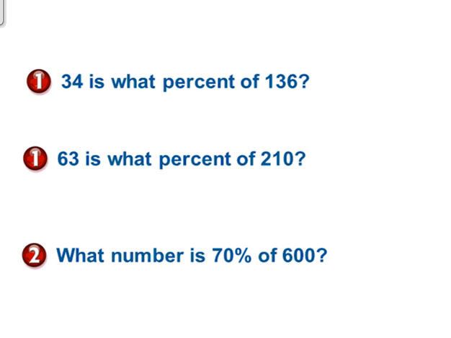34 is what percent of 136? Well, we set that up. We've got the part, which is 34 over 136, is equal to our unknown percent over 100. To solve this, I'm going to cross multiply.